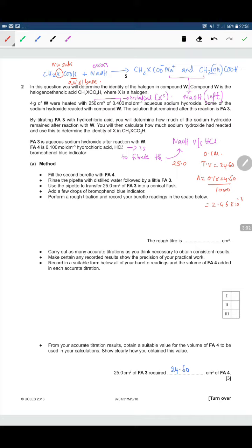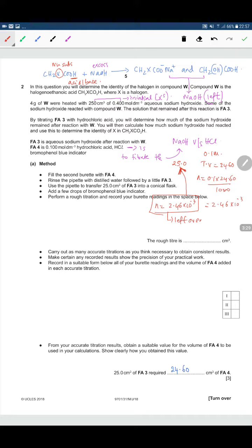From the balanced equation between sodium hydroxide and HCl, the number of moles of sodium hydroxide is 2.46 times 10 to the minus 3. This is the number of moles of sodium hydroxide left. Remember that the leftover is found in 25 centimeter cube, so 25 centimeter cube of the leftover contains 2.46 times 10 to the minus 3.